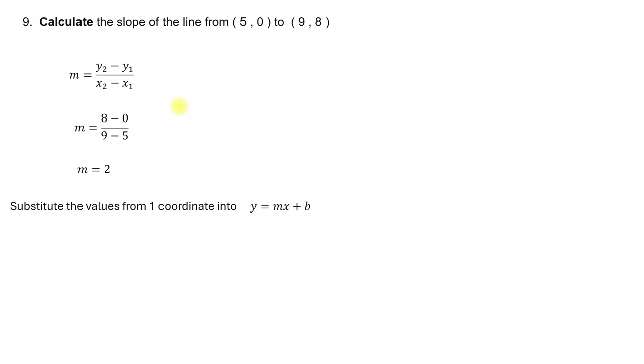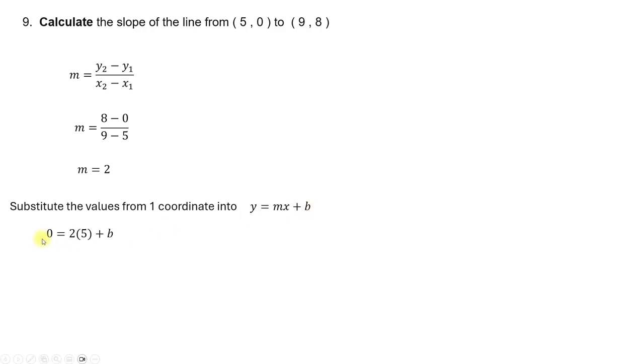Now, if we substitute the values from the first coordinate into y equals mx plus b, what we're doing is we're taking this x value and this y value, and we're going to take this slope and plug it into this equation, and that will let us know what the value of b is.